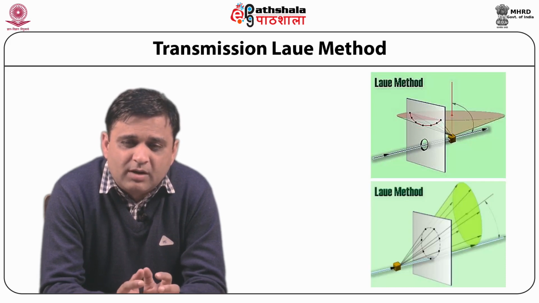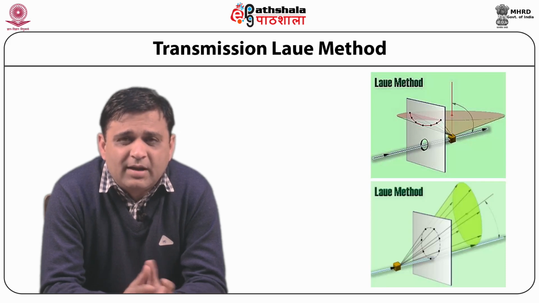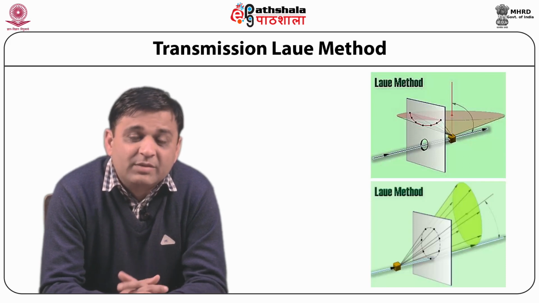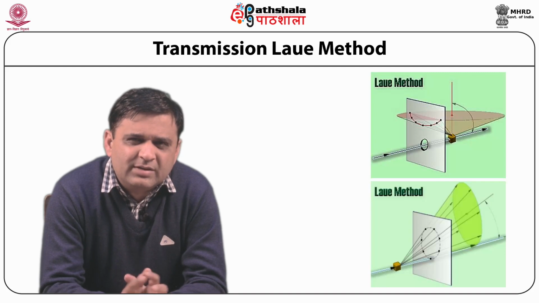Apparently the Bragg condition, 2d sin theta equals n lambda, and the Laue condition, delta k equals G, appear different but they are the same, and you can derive a mathematical relation to show that these are equivalent, two different statements of the same thing.